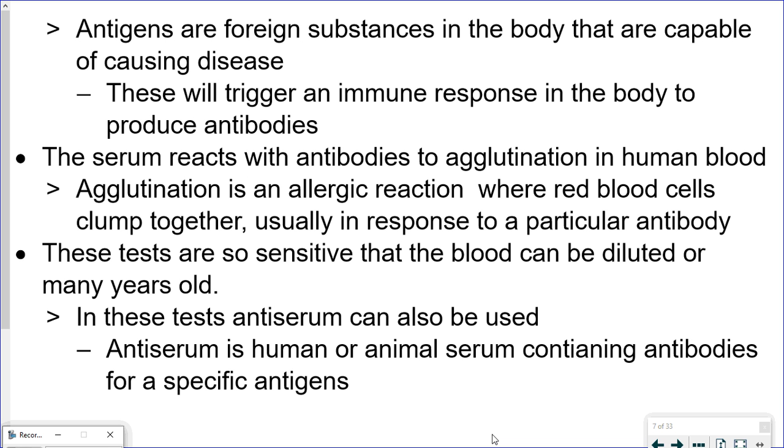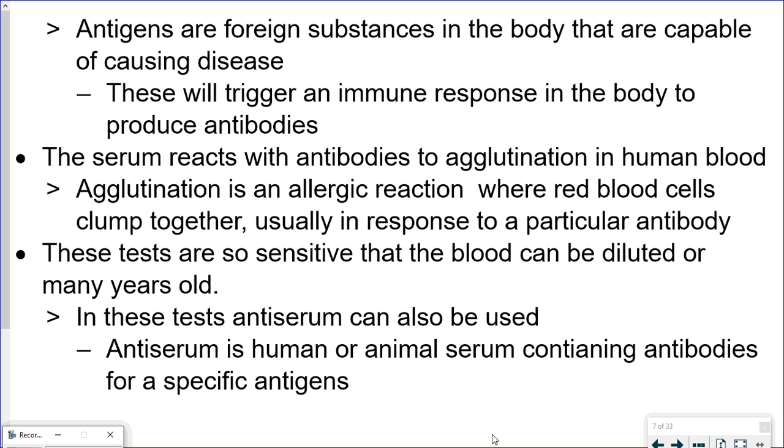So agglutination is an allergic reaction, which is going to be seen as clumping. So the red blood cells are going to end up clumping together, usually in response to a certain antibody being present in that serum. So anytime that you're testing for blood type and you see clumping, it means that blood type is present or that blood antigen's present.